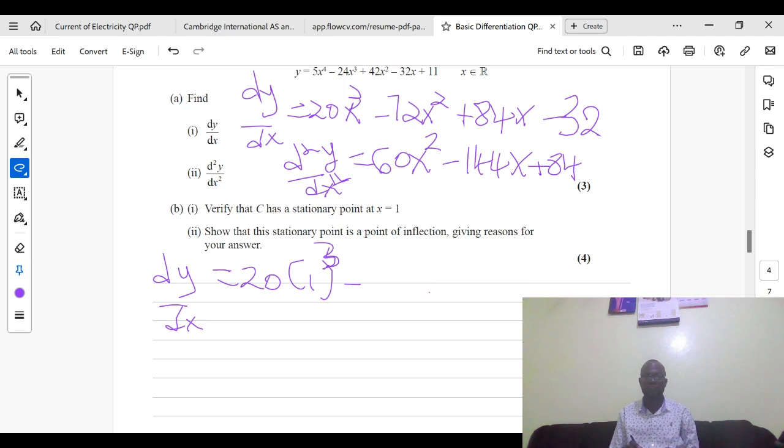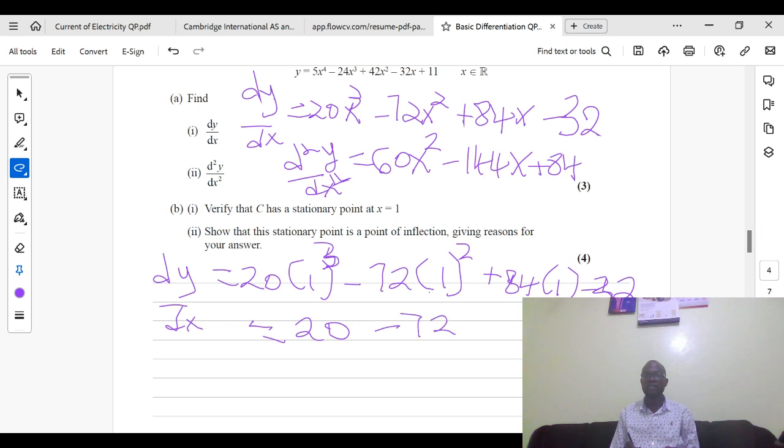Yeah, that is 72 into bracket 1 squared plus 84 into bracket 1 minus 32. So from here, we simply calculate: 1 cubed is 1, so 1 times 20 is 20. 1 squared is 1, 1 times 72 is 72.